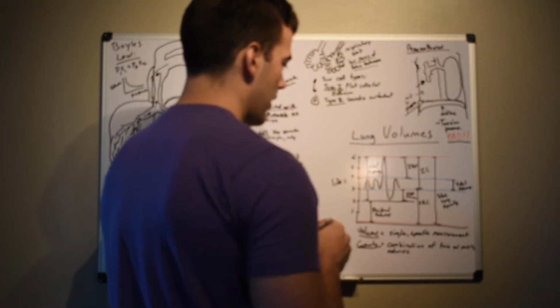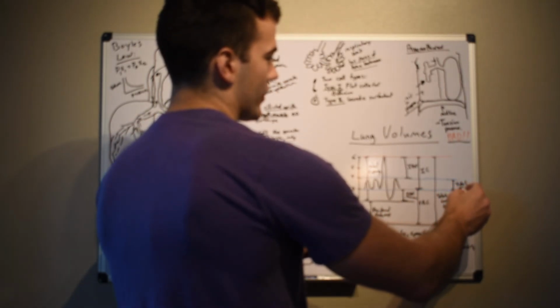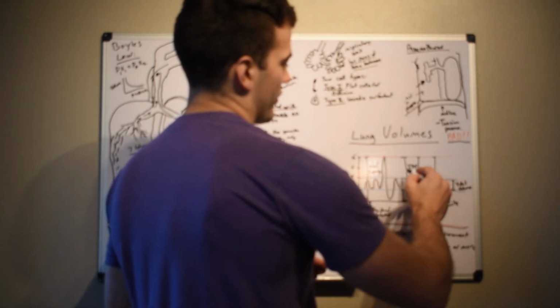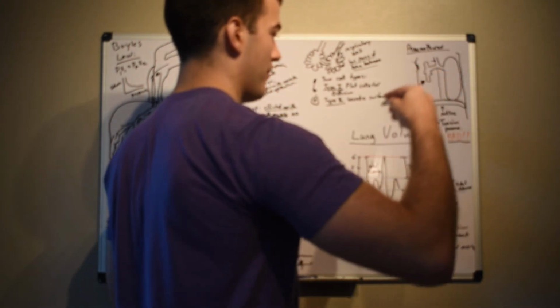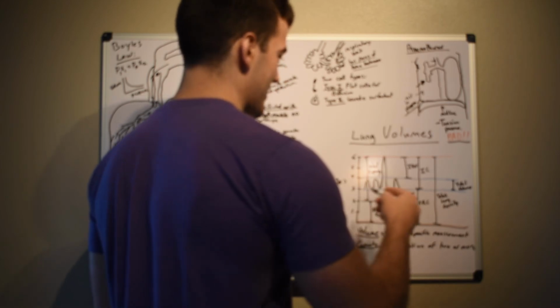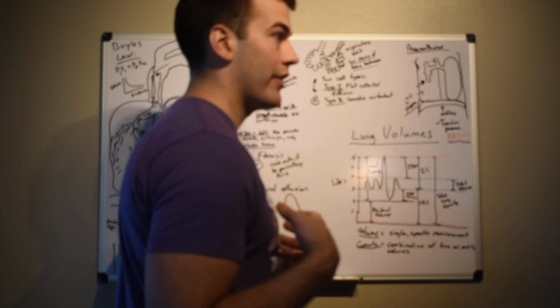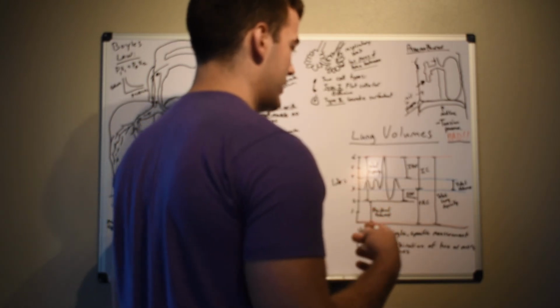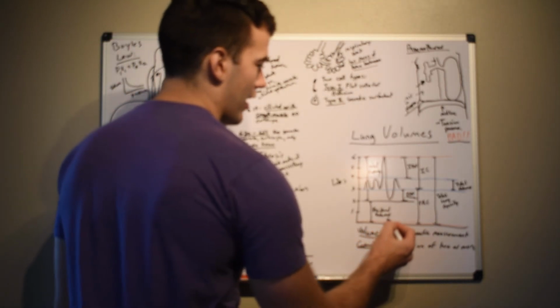All right. Now it's worth noting that we've got these couple different basic ones covered. The tidal volume, which is our normal breathing pattern, our inspiratory reserve volume, which is the amount more that we can breathe after we take a breath in, and our expiratory one, which is the amount we can let out even after we've let out what we normally would out of our lungs. We have a residual volume.